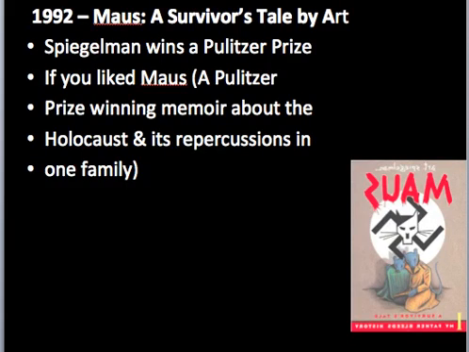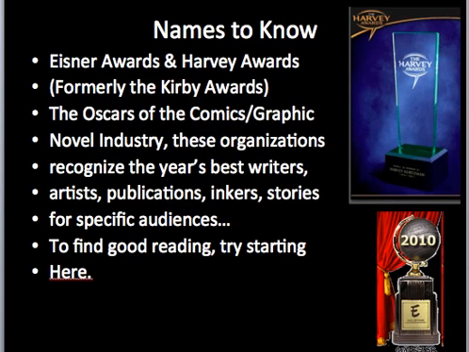Now, you know what really broke history was the writing of Maus, which won the Pulitzer Prize in 1982. It was written by Spiegelman, and it's about the Holocaust and its representations in one family.